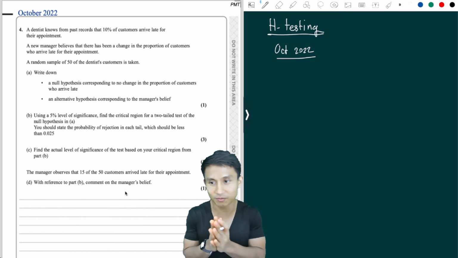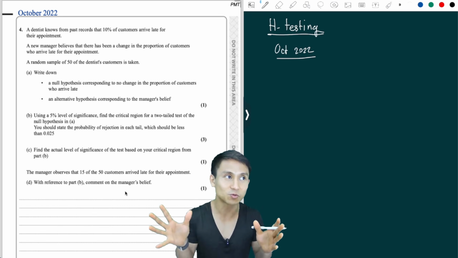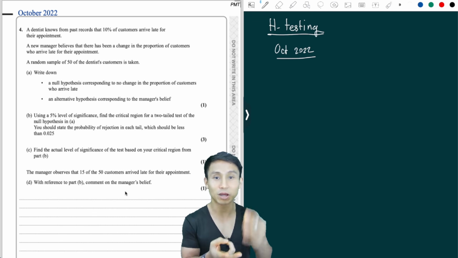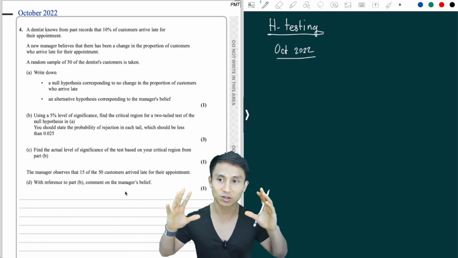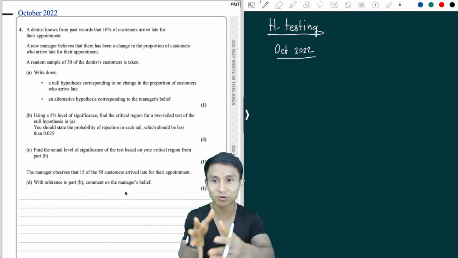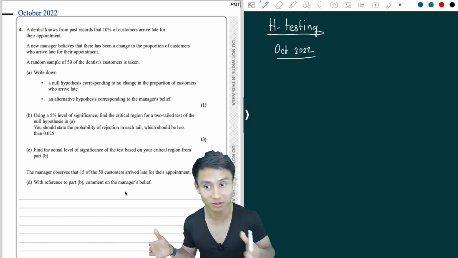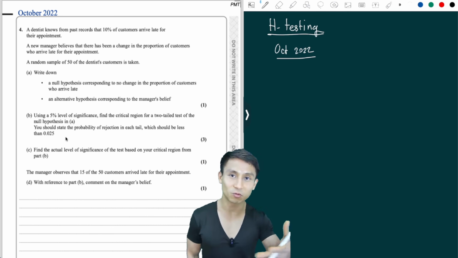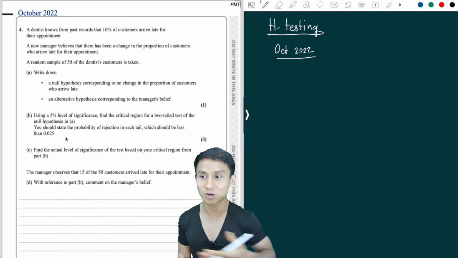You see, usually hypothesis testing kind of question will mix with other chapters like correlation and binomial distribution or even normal distribution, right? So we're going to have to do some questions overlapping on other topics first before we get to the actual hypothesis testing. And actually, there were already some questions that we needed to do hypothesis testing as well, right?